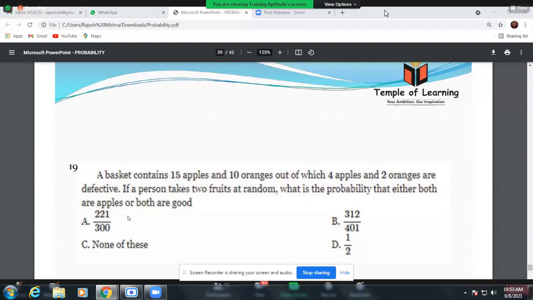Or, which means I want the probability that if I'm choosing, either both are apples, so in case of apples, I can get one of the, or both are good.